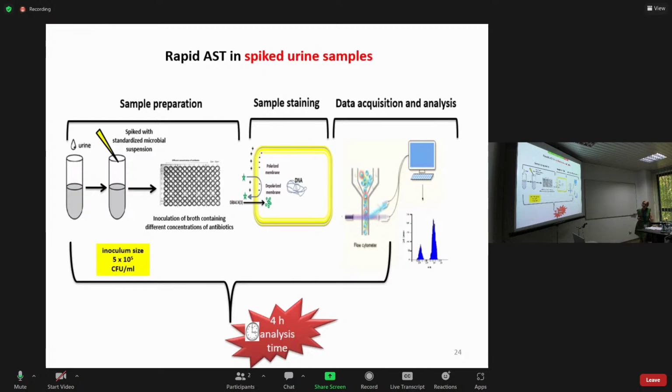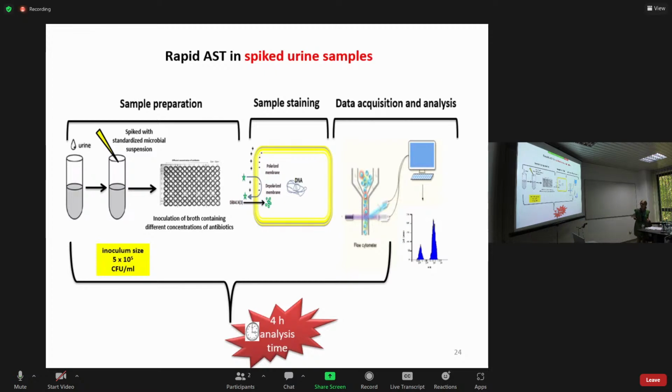We here used urine samples, but there are many steps. I won't present here all the steps, but it requires a lot of time and commitment because we have started with an artificial formula of urine, then with urine from healthy people, and then with real urine samples, and this is quite difficult because, as I told you, the biological matrix is very, very complex and it's very different from patient to patient, and this influences our results.